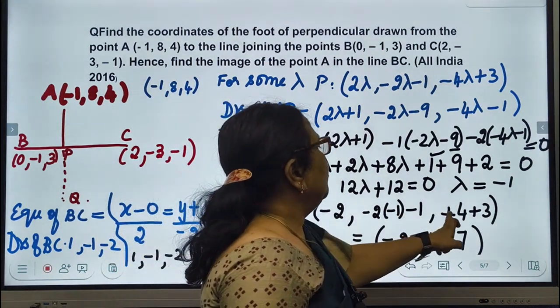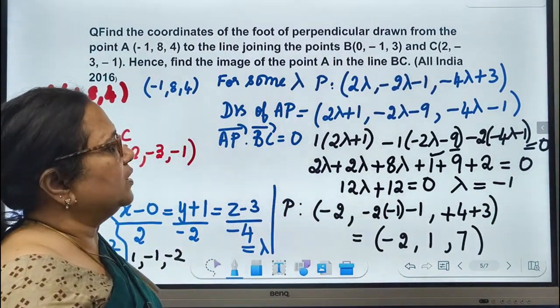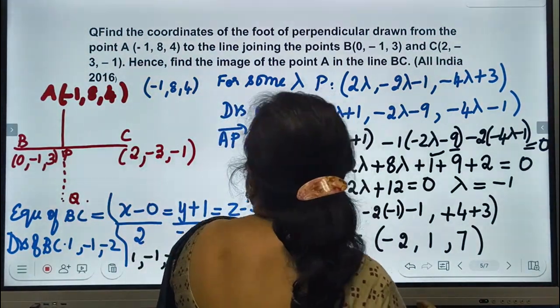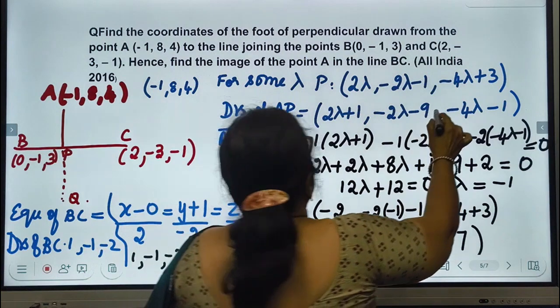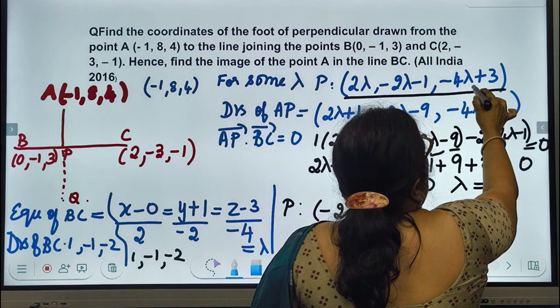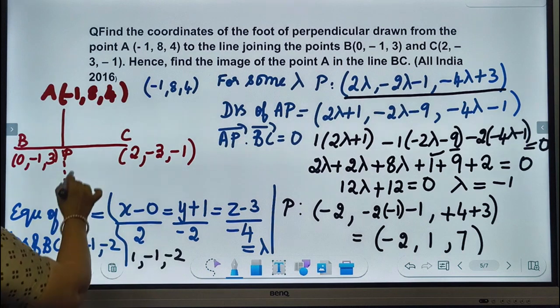P is given by minus 4 lambda plus 3, so minus 4 into minus 1 is plus 4, and 4 plus 3 is 7. Okay, so P is (minus 2, 1, 7).